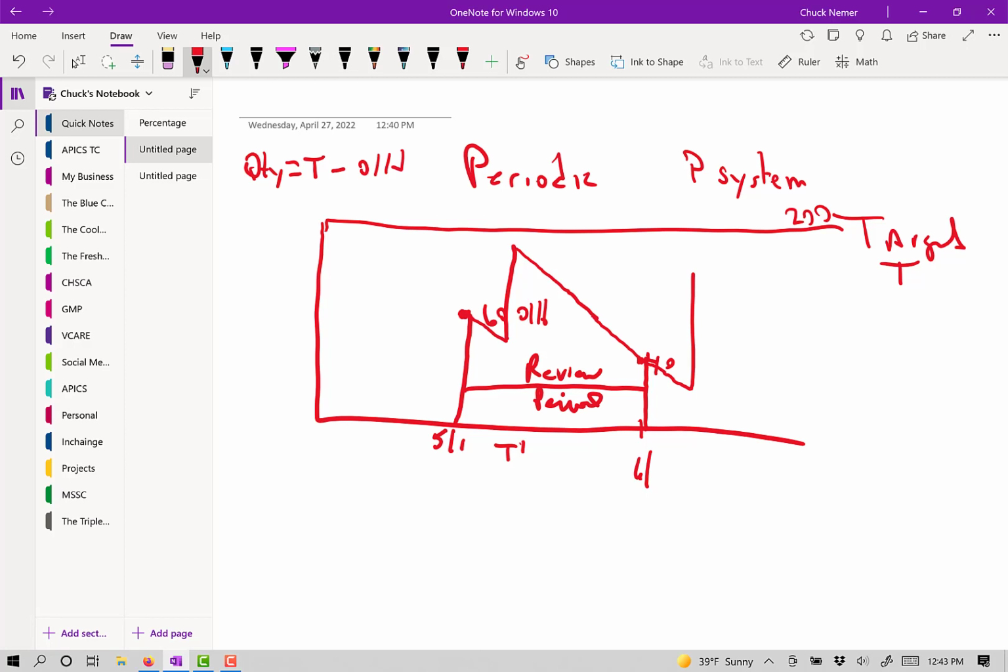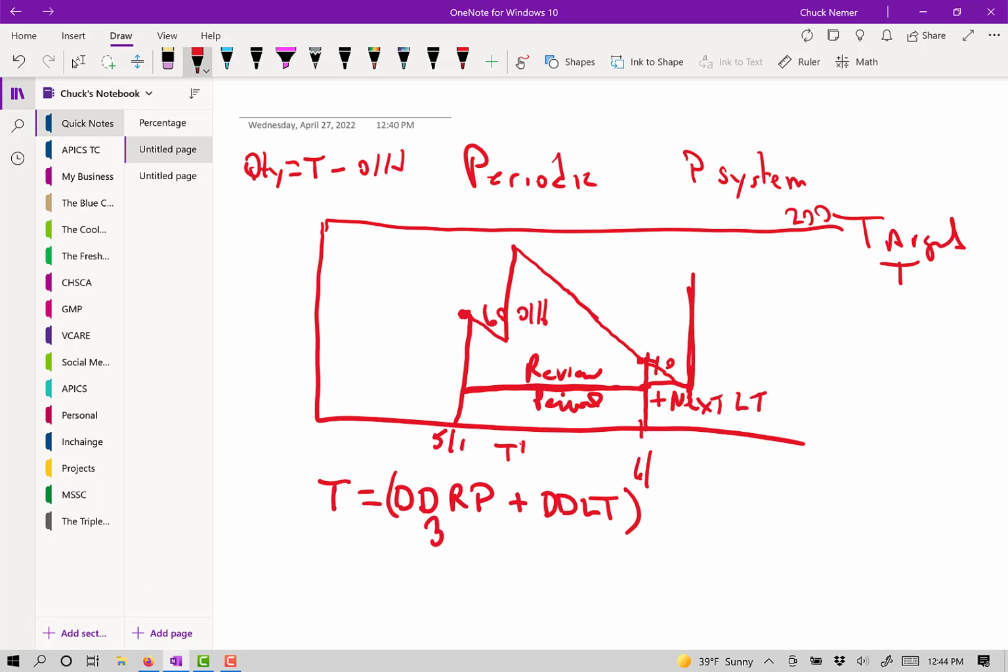And what we have to cover for a time span is this review period plus the next lead time, because it isn't until it comes in here that we have inventory go up. So if we look at the formula at the bottom, the target is equal to the demand during the review period plus demand during lead time.